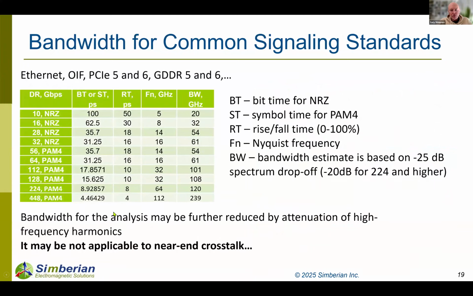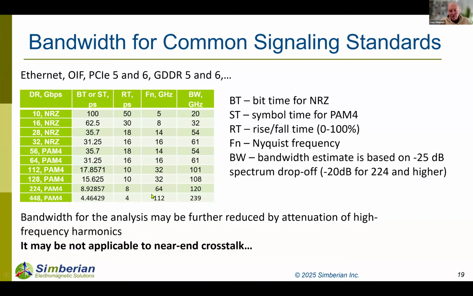So this is how the bandwidth of analysis looks for different signaling data rates. And the data rates are now getting into 448 even. Some companies already reported that they can transmit PAM4 over substantial distance.